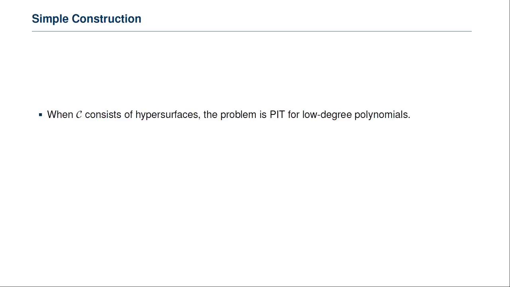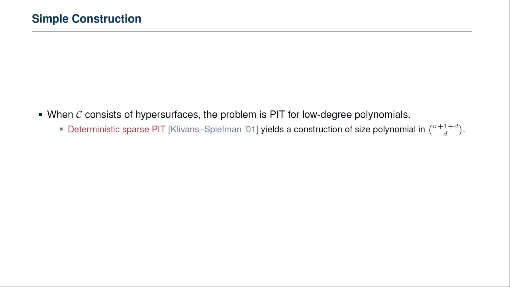Okay, so we first give a simple construction of variety evasive subspace families against low-degree varieties. First, consider the simple case where C consists of hypersurfaces. In this case, the problem is equivalent to PIT for low-degree polynomials. Using deterministic sparse PIT, we get a construction of size polynomial in (n+1+d choose d).